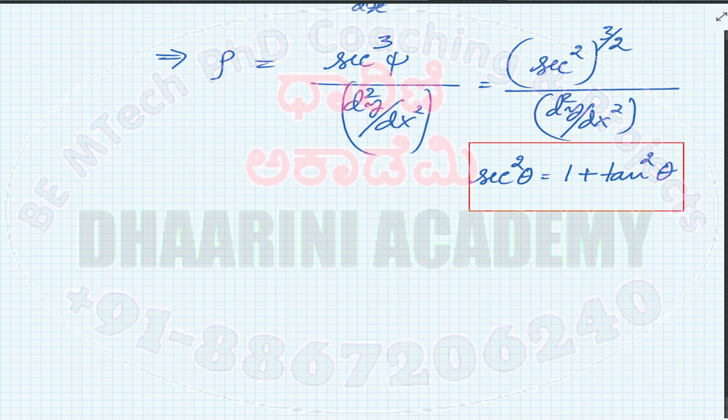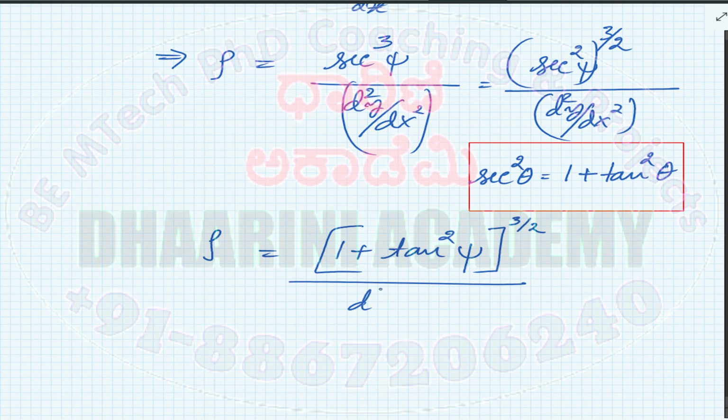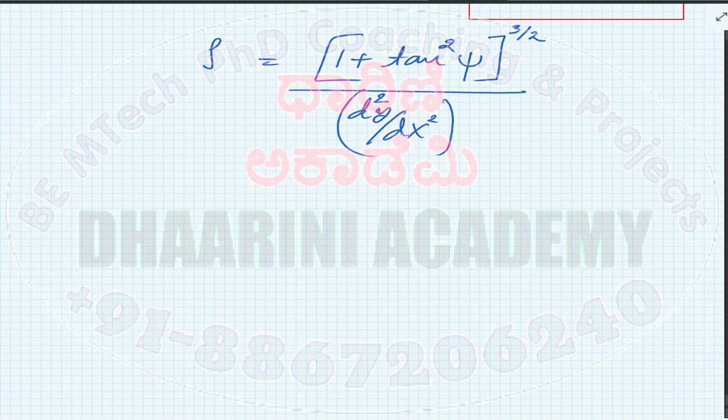So this means rho is equal to, secant square is nothing but 1 plus tan square. It's not theta anymore because we are dealing with the psi. Now this thing raised to the power 3 by 2 whole divided by d square y by dx square.